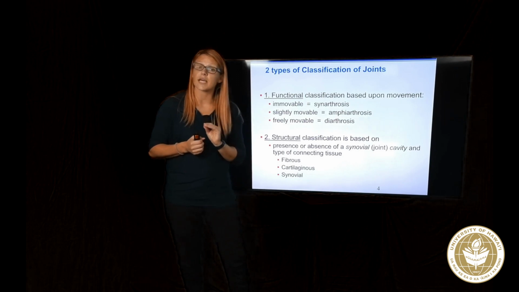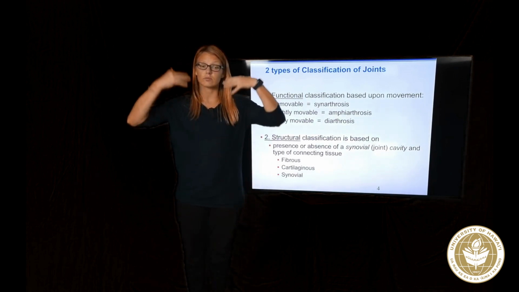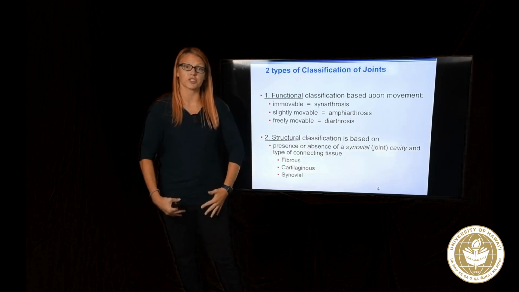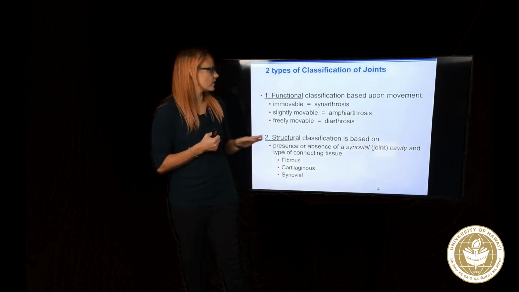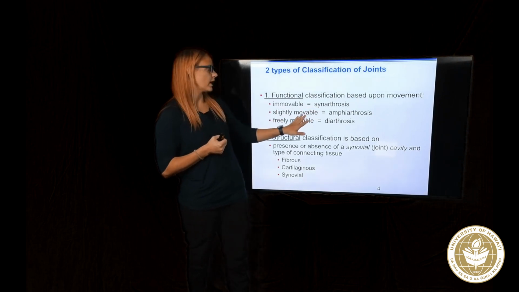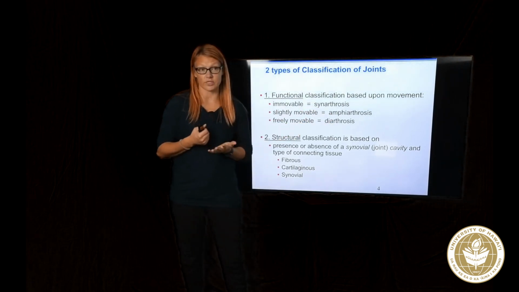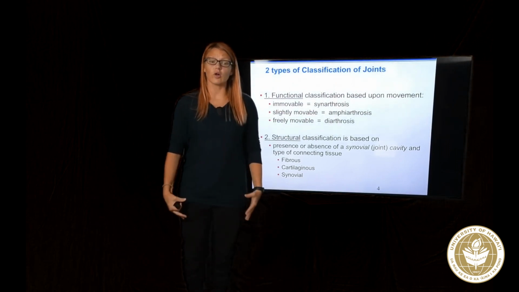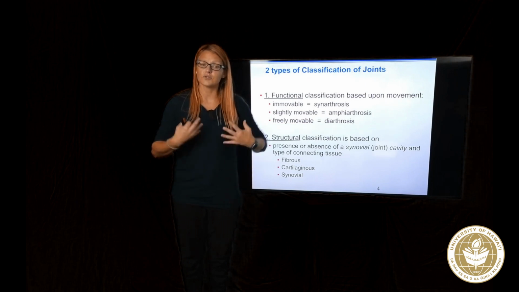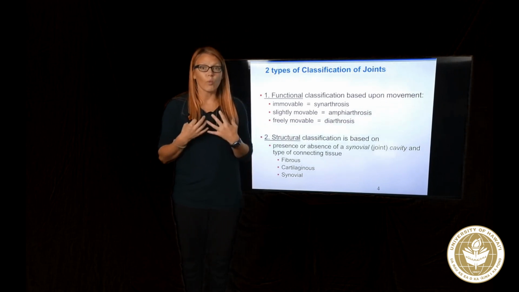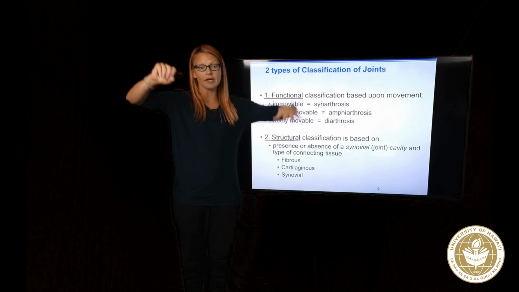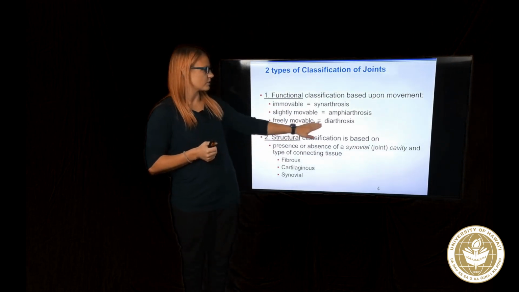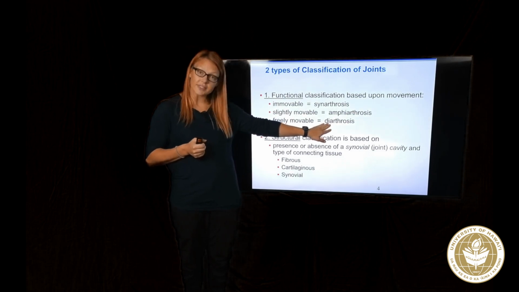And then the axial skeleton, so our vertebral column, our skull, this middle portion here, mostly has synarthrosis, so immovable, as well as slightly movable or amphiarthrosis joints. If you think about that, that makes sense. The middle, this axial skeleton, is used for stabilization. We don't want those bones to be movable. Whereas our appendages, we want to be able to move those. So the appendicular skeleton is mostly these diarthrosis joints.